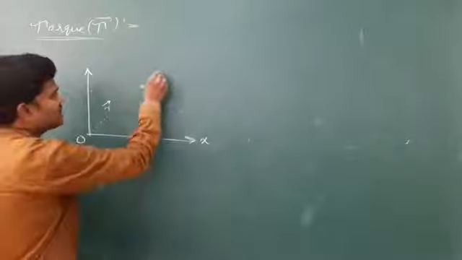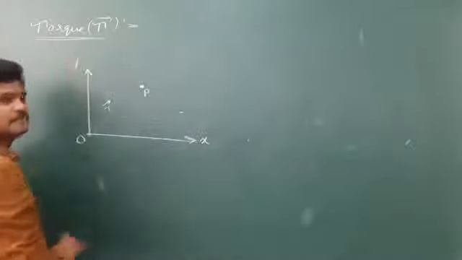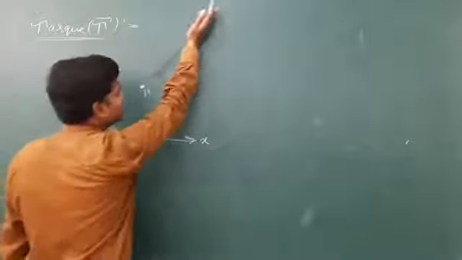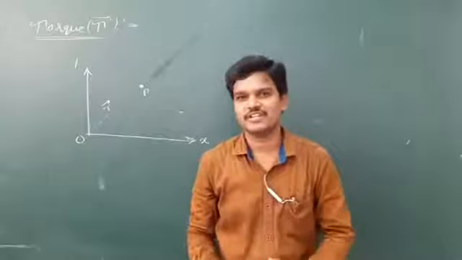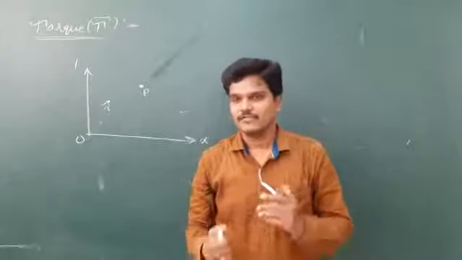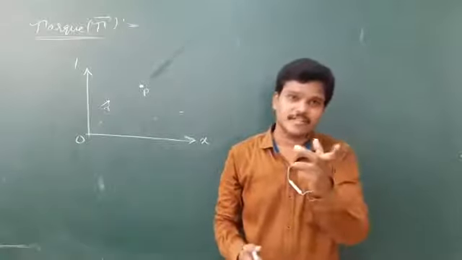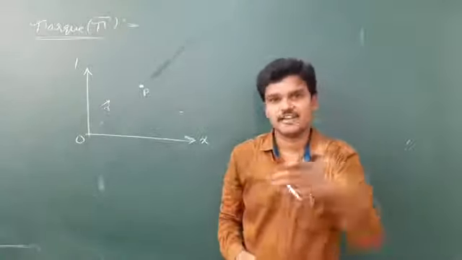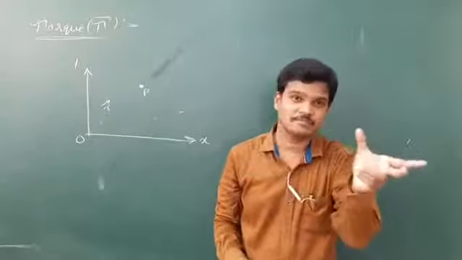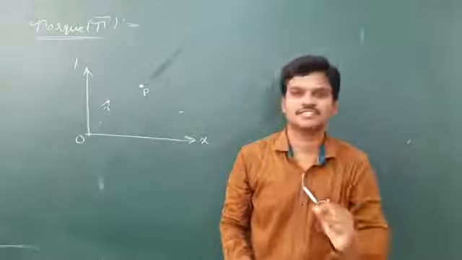If I apply a force in this direction, this particle never rotates in the xy plane. Likewise, if you apply a force at the hinge of the door, it never rotates. If you apply a force at the edge of the door, then the door rotates. There is a perpendicular distance from the hinge, the axis of rotation, and that force and perpendicular distance create a torque about one axis.